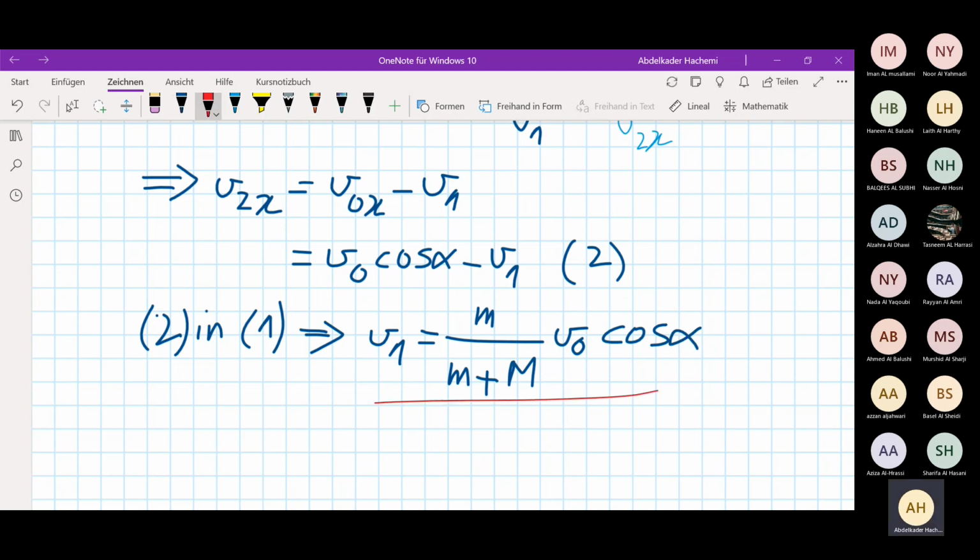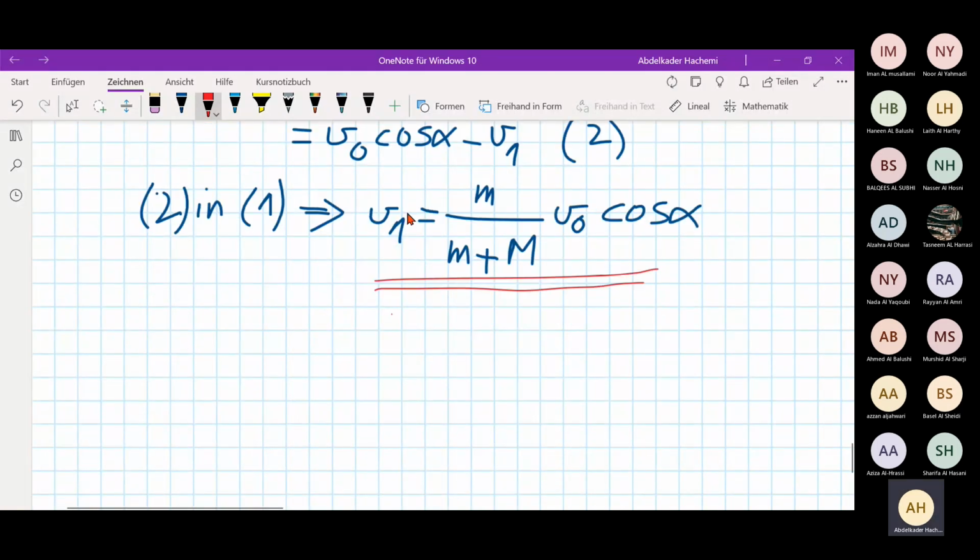And this is the expression of the velocity of the apparatus. All terms here are given in the exercise.